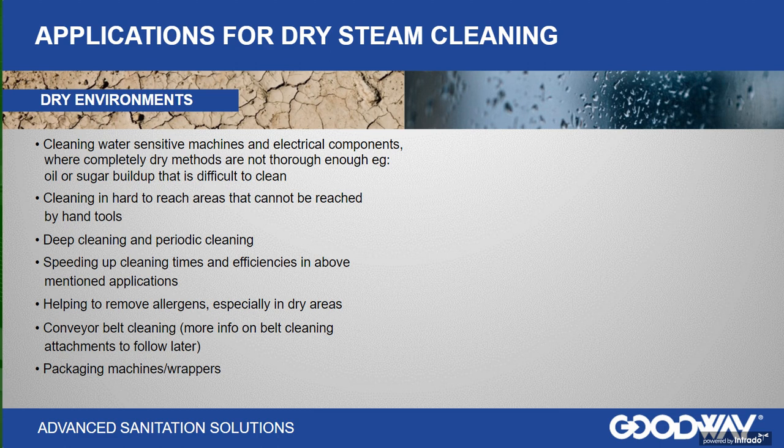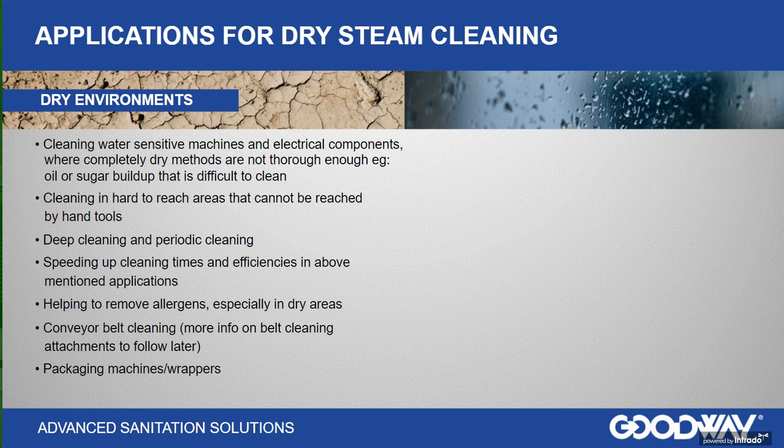And cleaning any water-sensitive packaging machines, flow wrappers, baggers, weigh scales, anywhere where we really don't want to use too much water or damage any electronics, dry steam does a phenomenal job helping to improve sanitation in those applications.